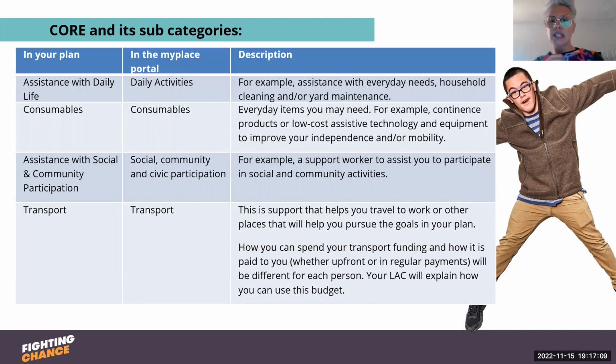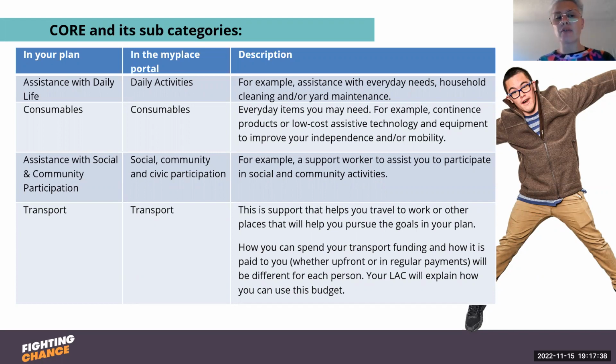Any support in the home with self-care tasks, transfers, things like that will come out of assistance with daily life. However, just so you know, there's an exception with transport, which I'll talk about in a second, but apart from transport, generally speaking, assistance with daily life, consumables, and assistance with social community participation are completely flexible.